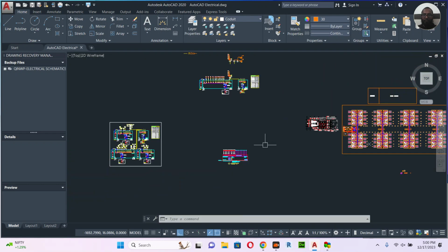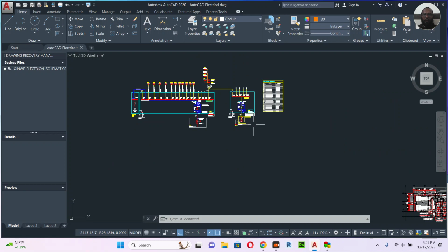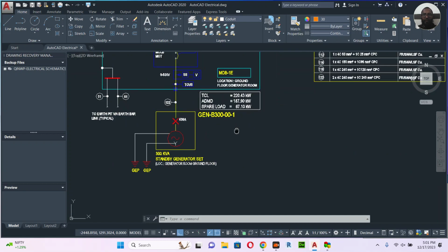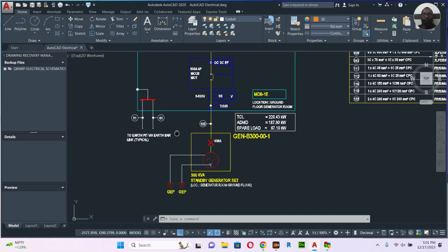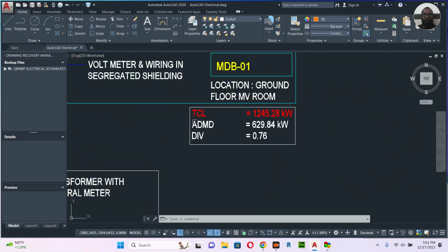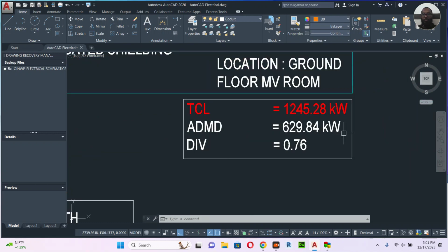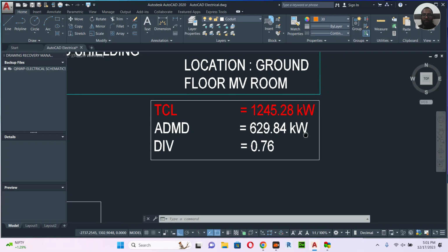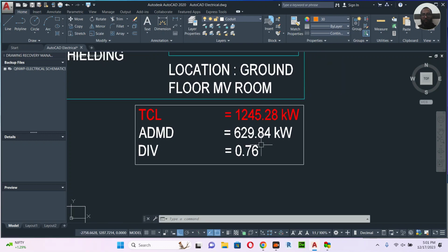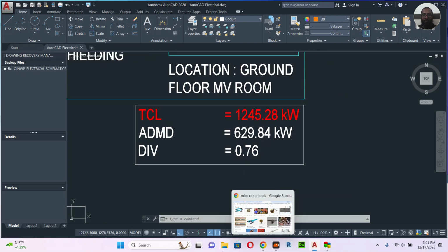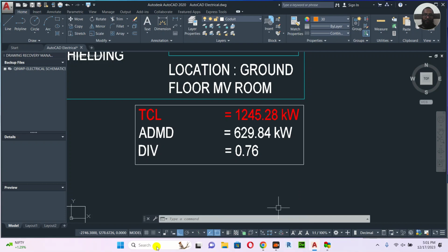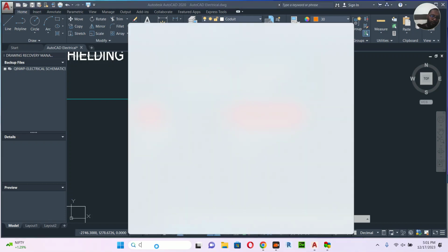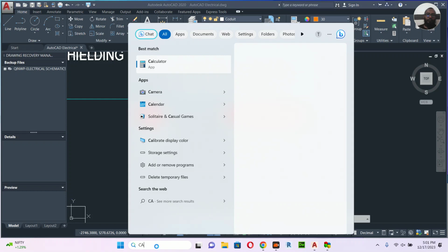So let's come here. I hope everything is clear. We are in the last stage. Now I have here 1245.28 kilowatts. So let's consider 1300. Let's go to the calculator.